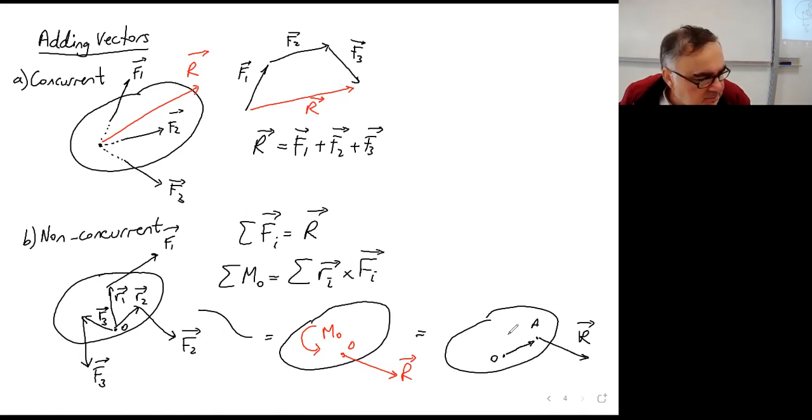Let's say that this is RA. The direction is wrong. It has to be in the other direction. Well, you understand the idea, but let me correct this. Let's say this is point O. This has to be point A.